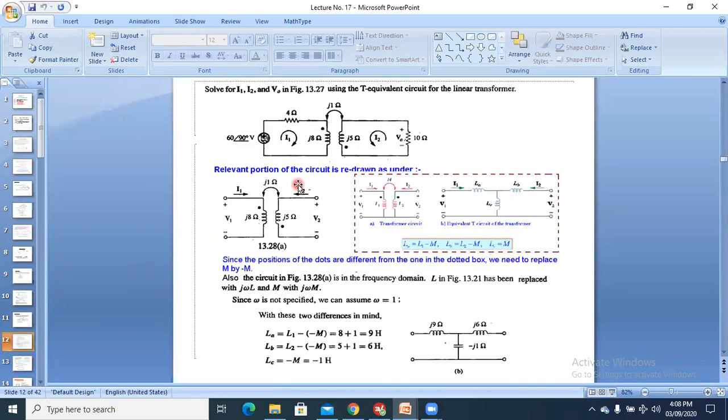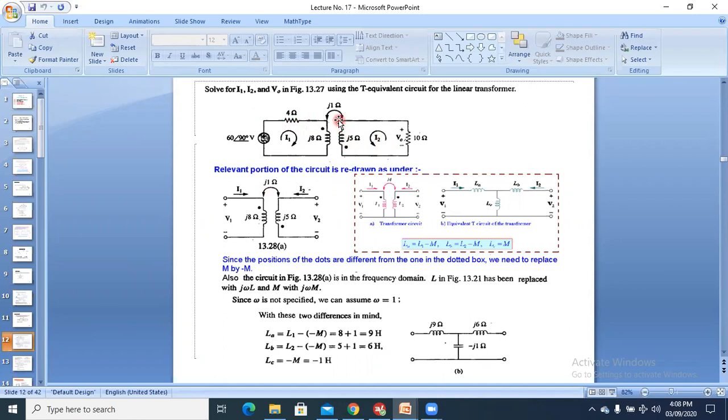So the T equivalent circuit of this problem is this: current I1 is entering the dot and this I2 current is leaving the dot. And because of this, the value of M is negative.